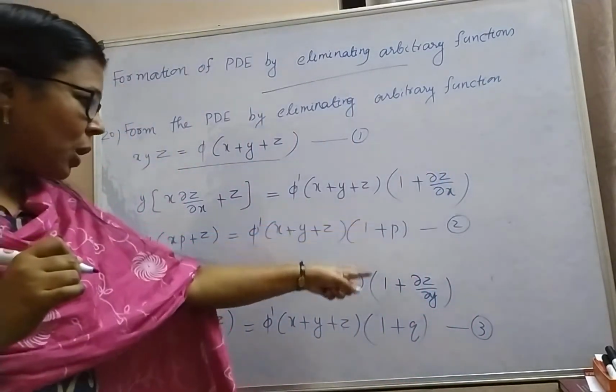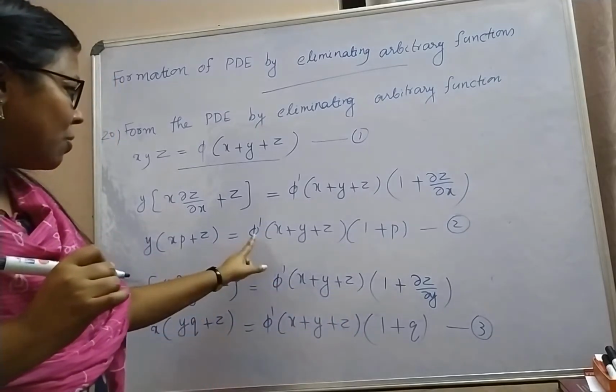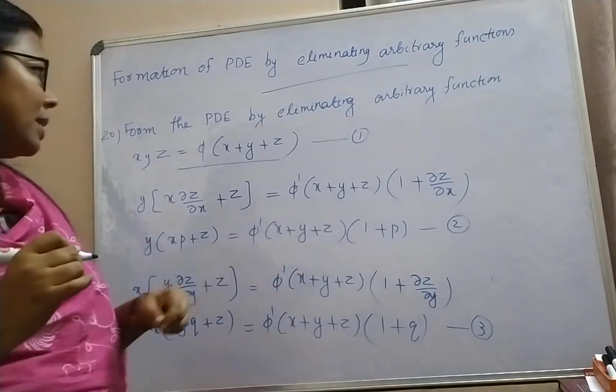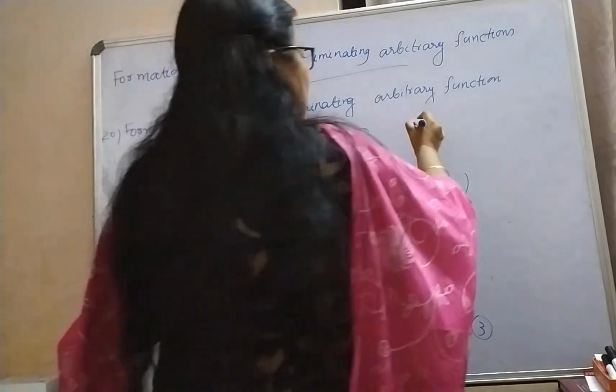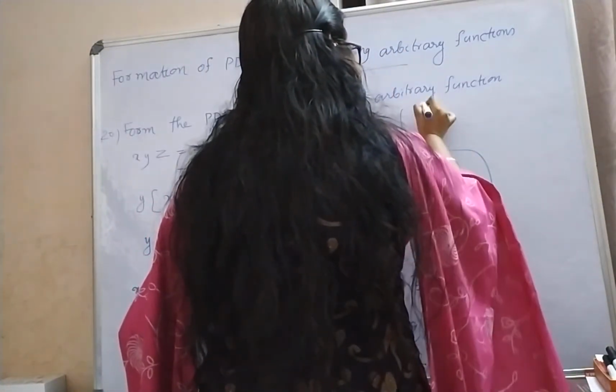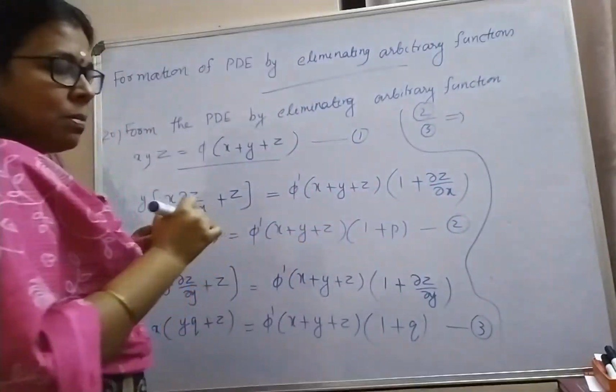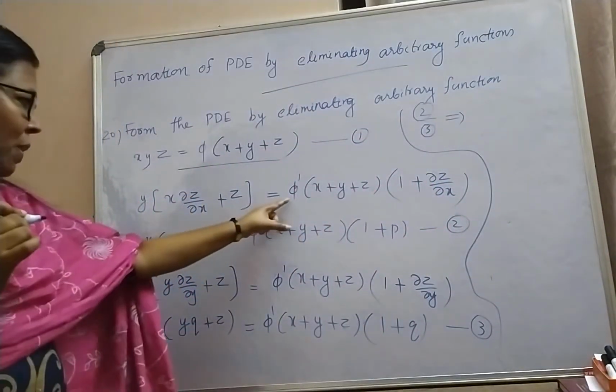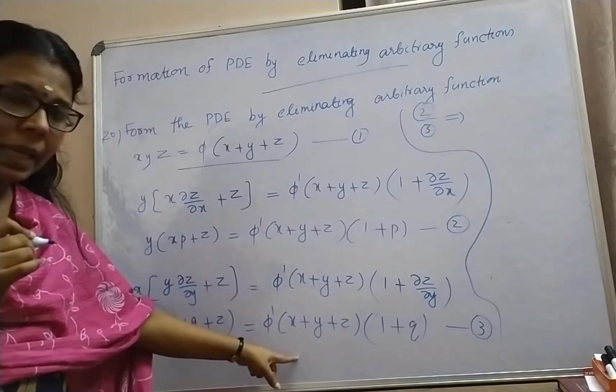By dividing 2 and 3, we eliminate phi dash of x plus y plus z. That is, find 2 by 3. Then this phi dash of x plus y plus z will get cancelled.